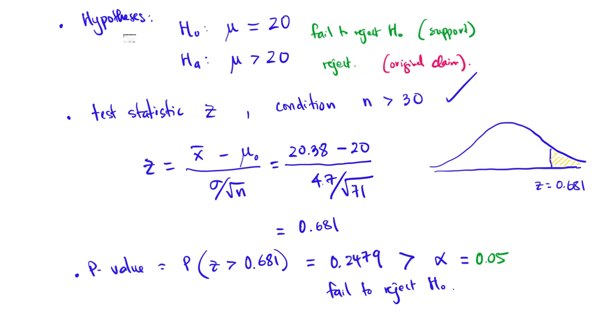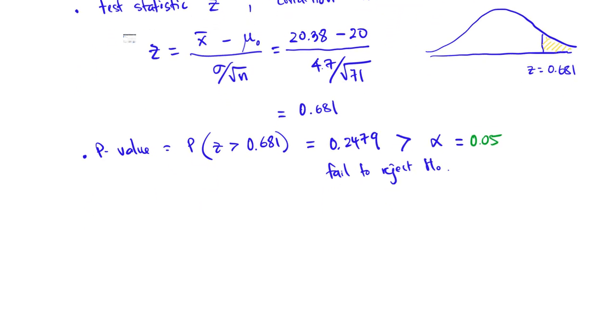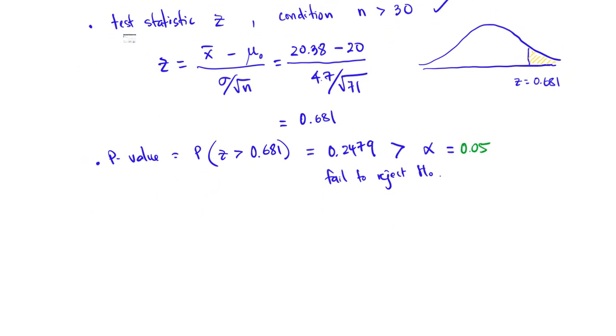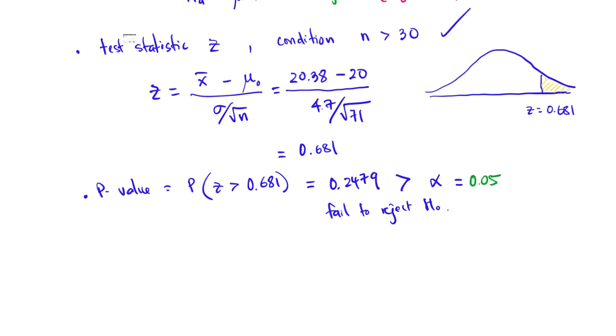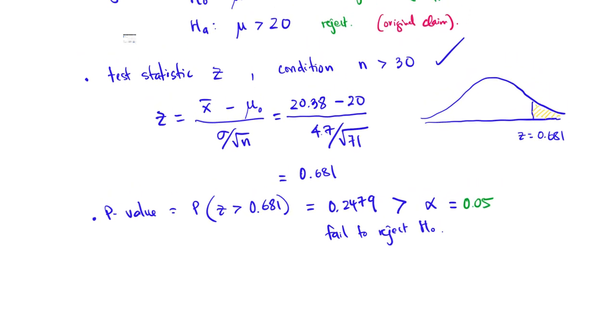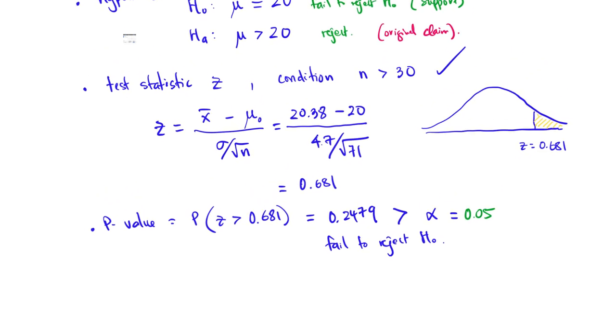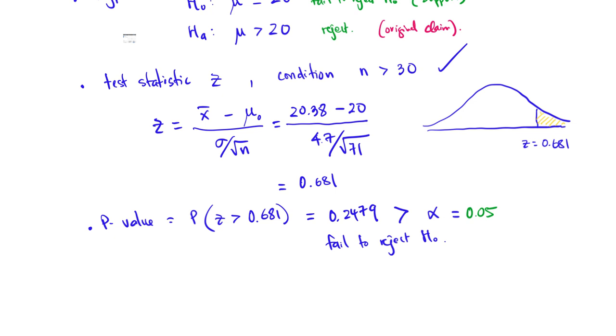In the conclusion, even though the hypothesis test is about the null hypothesis, whether we reject or fail to reject the null hypothesis, it is not enough to simply write we reject the null hypothesis or we fail to reject the null hypothesis. In this case, we analyze it. We see that we cannot support the original claim.